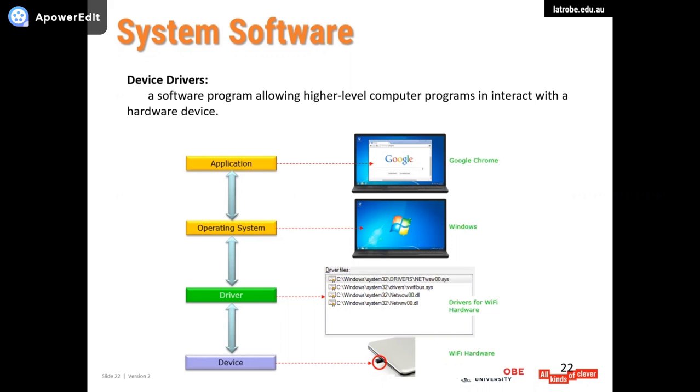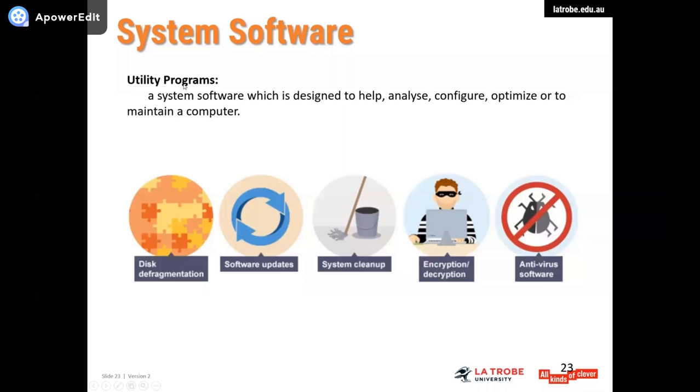Then there are utility programs. A utility program is system software designed to help analyze, configure, optimize, or maintain the computer. I'm pretty sure many of you have used utility software before.